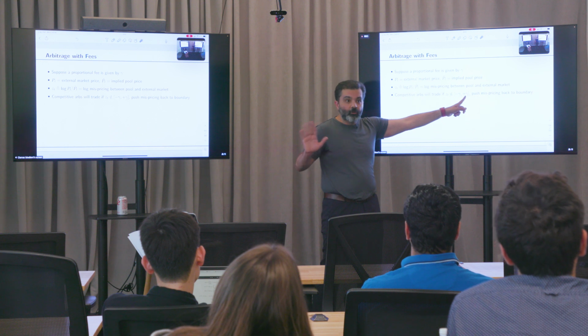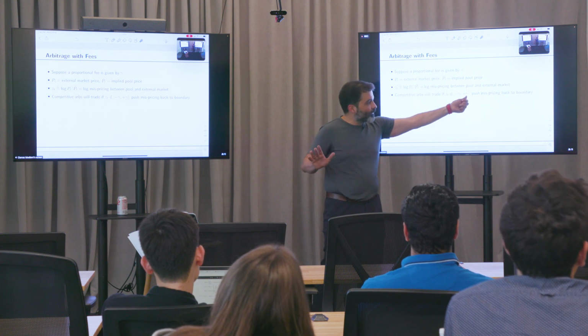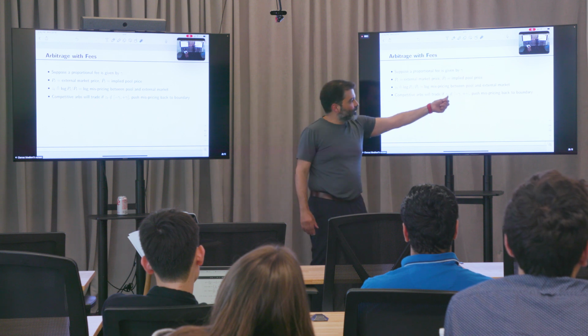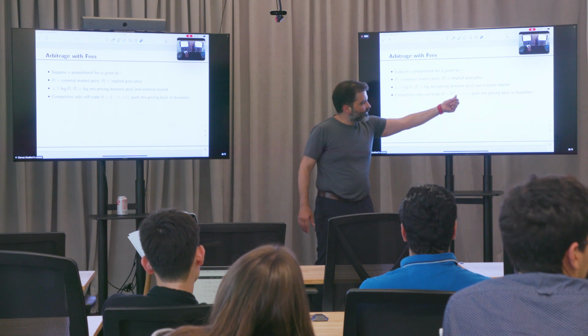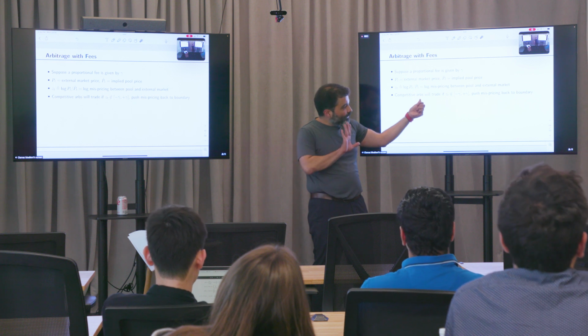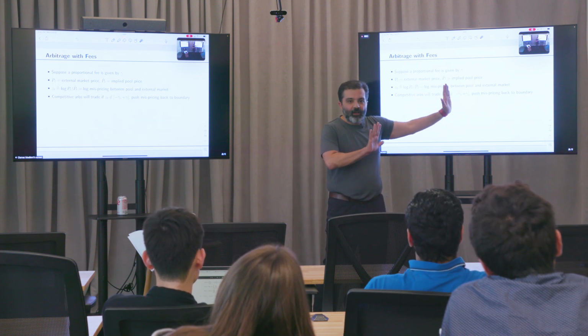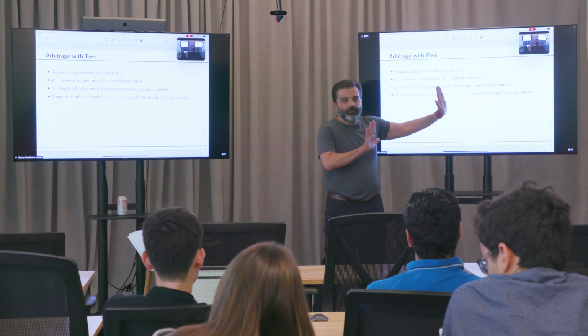At that point, it's no longer profitable for me to trade because even though I can make a spread of gamma trading it, I'm also paying a fee of gamma, right? Similarly, if the mispricing is below negative gamma, an arbitrageur can come in and push it to negative gamma, but they're not going to push it beyond that because at that point, they're not making any money.